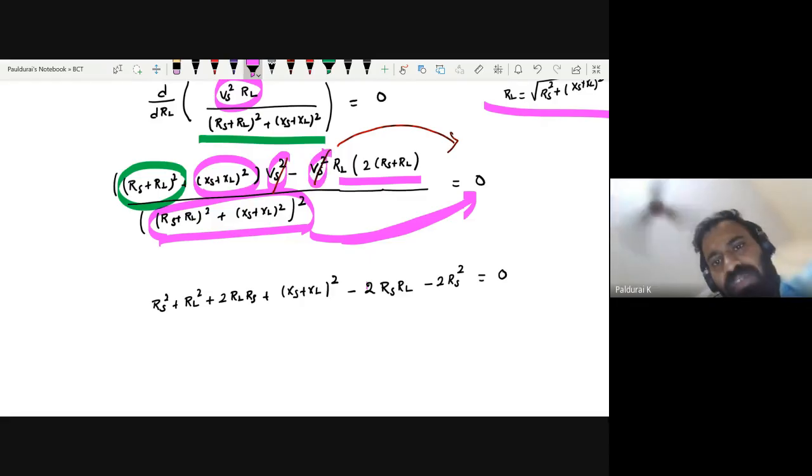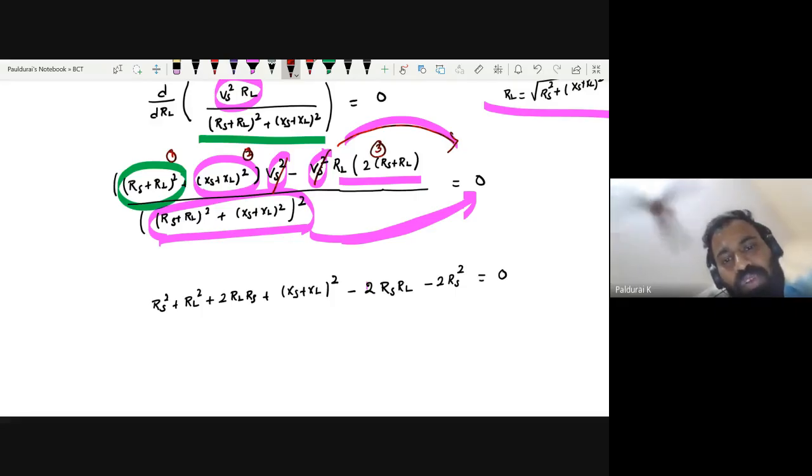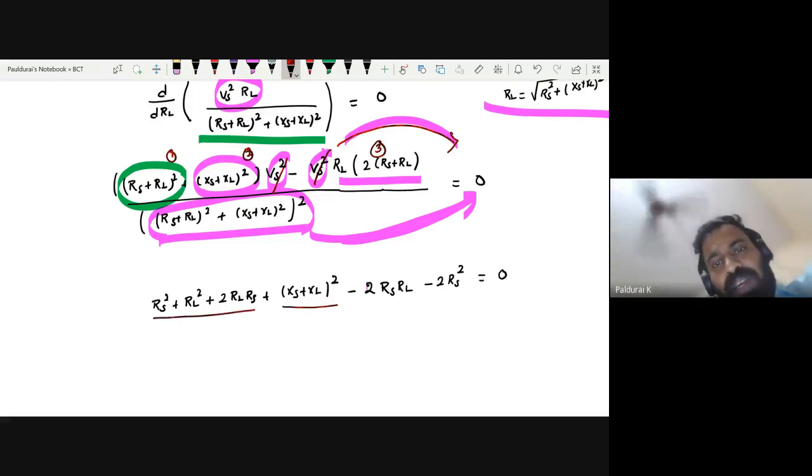Moved this Vs squared also to the right hand side, it becomes 0. So what will remain? Only 3 terms will remain. 1, 2, 3. I didn't change equation number 2. I kept it as it is, Xs plus XL square. In number 1, I used the a plus b the whole square formula. Number 3, I just expanded. That's it. Got my point?